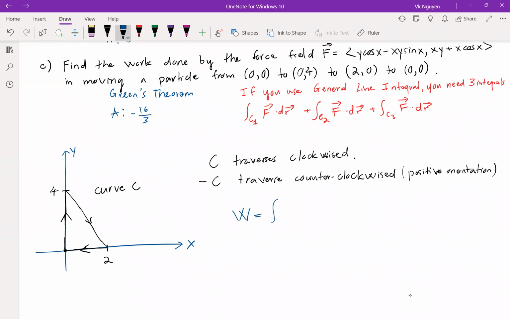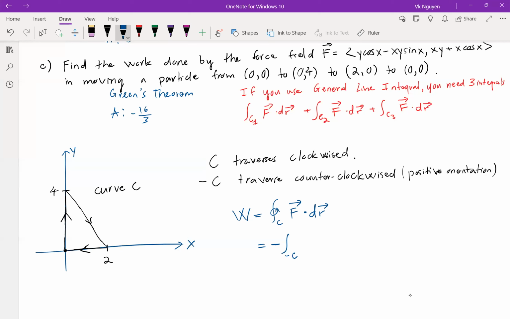Work would be the integral over C of F dot dr. This one is going to be a negative because of negative C. So you put a negative here.